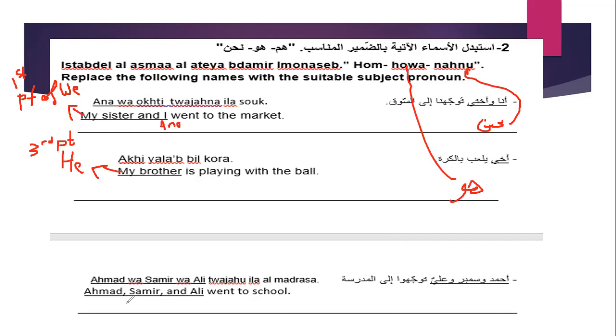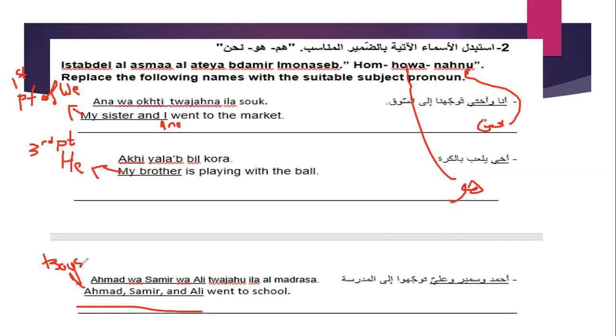Ahmad, Samir, and Ali went to school. Ahmad, Samir, and Ali. How many are they? They are three, three or more, and they are what? Boys. A group of boys, three or more. We are talking about them, not talking to them. If you are talking about them, use the third point of view. If you are talking to them, you use the second point of view, with you.